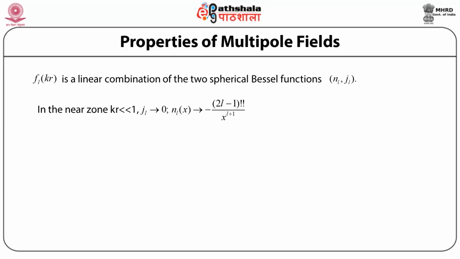This implies that H vector_LM^E tends to minus k divided by L into L vector into Y_LM divided by r raised to power L plus 1, and E vector_LM^E tends to minus i Z0 by L into del cross L vector Y_LM divided by r^(L+1).